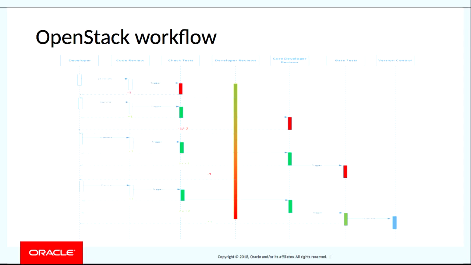And then it will trigger a test called the gate test. The gate test refers to the process of running regression tests before submitting the patch to the source code repository, to prove it will not introduce new bugs.